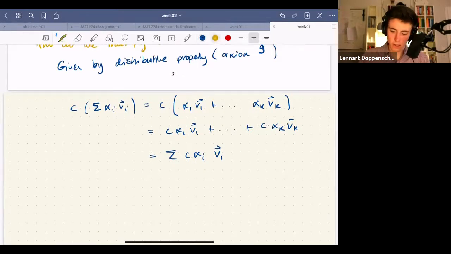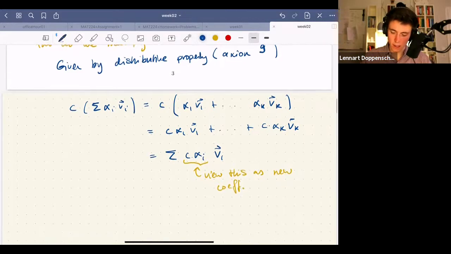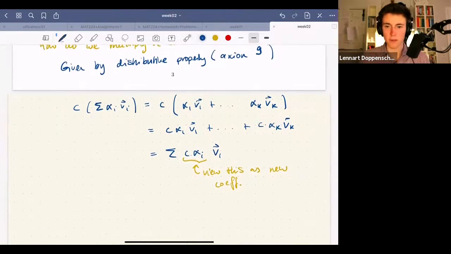And now the key is view this as a new coefficient, or as a new set, as new coefficients. And then this whole thing is just another combination. It just has different coefficients, but it's still a linear combination.